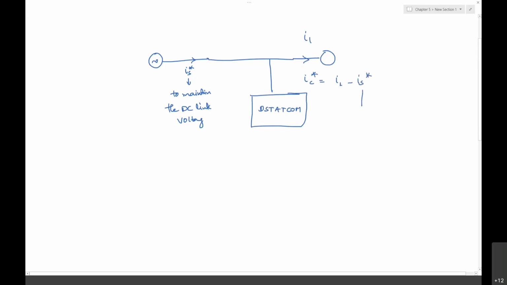This is generated based upon the DC link voltage control loop.